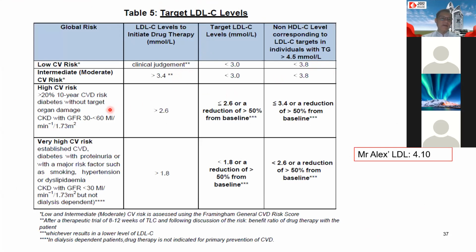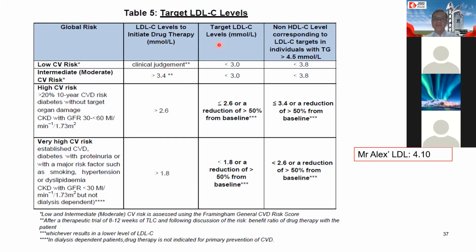This patient is high risk, more than 20, so we have the target 2.6. You see in this table, from the Malaysian guideline, the LDL-C target is not uniform, it depends on the risk. Since this is high risk, we want it to be lower than 2.6, the target of the LDL-C to initiate drug therapy.